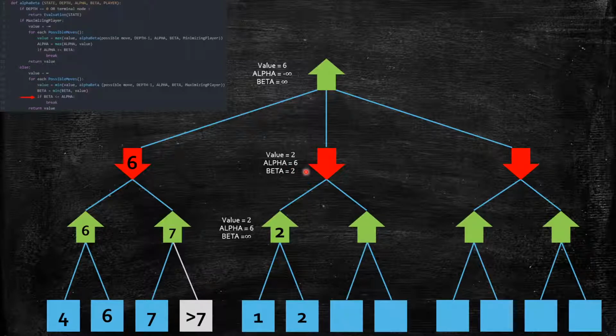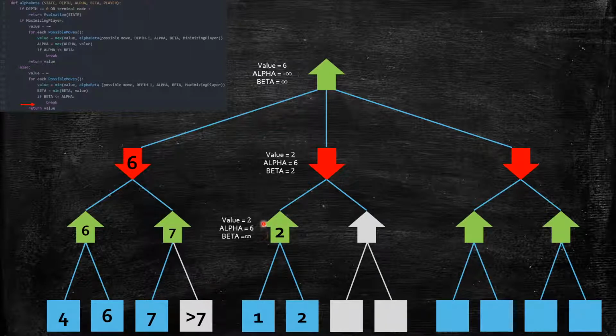And then again, we check, is beta less than or equal to alpha? And it is. Beta is 2, alpha is 6. So we're going to break here. We're not going to go down this tree. The reason we're not going to go down this tree is that this current player, the minimizing player, wants the smallest value.